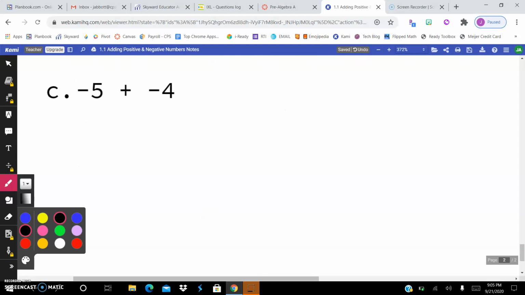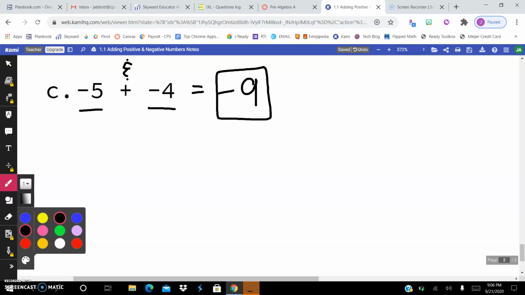And then our last one, -5 plus -4. So the first one is negative, you owe 5. The second one is negative, and you owe 4. So if you owe 5 and you owe 4, you would owe, so negative, a total of 9. So money is always a good thing to think about with these problems.